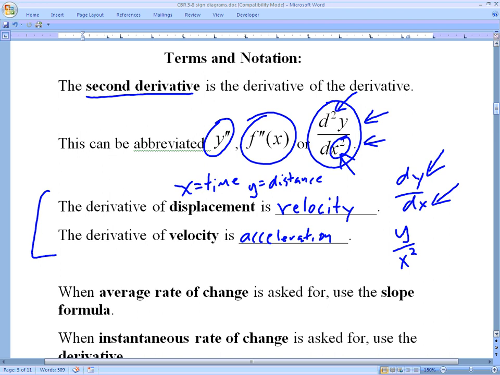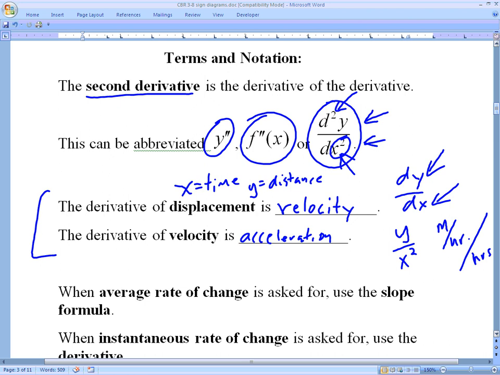And those of us who are physics students, we know that that is how acceleration is measured, units per time squared. Or another way to say it is like miles per hour, which would be like units per time, but then that's per hour. So acceleration is a rate of a rate, and that's what we're dealing with here.